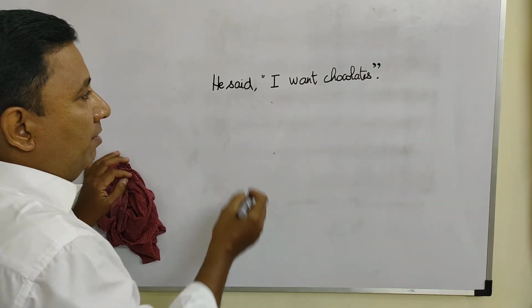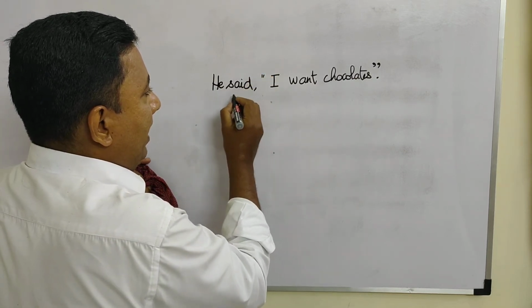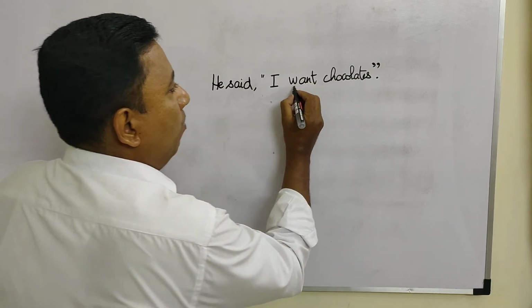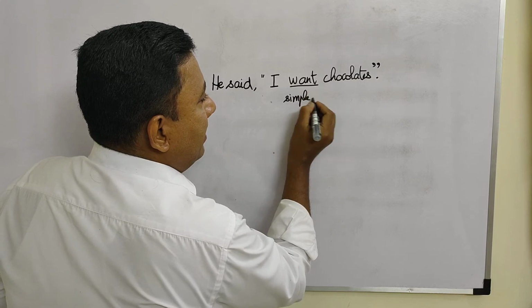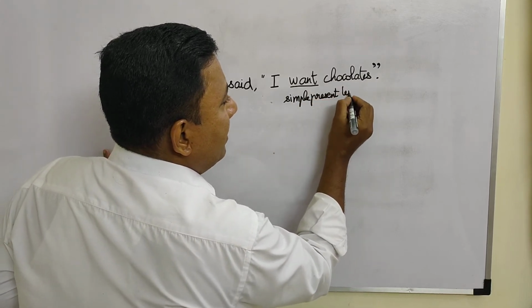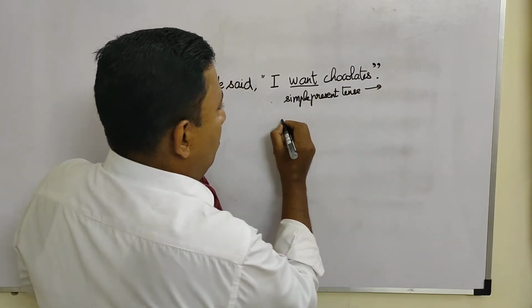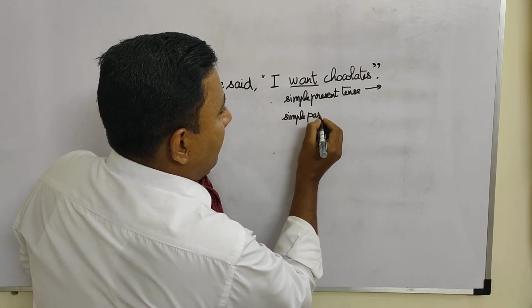First of all, when it's direct speech, you need to understand what tense it is in. Want is in simple present tense. If it's in simple present tense, then you need to change it into simple past tense.